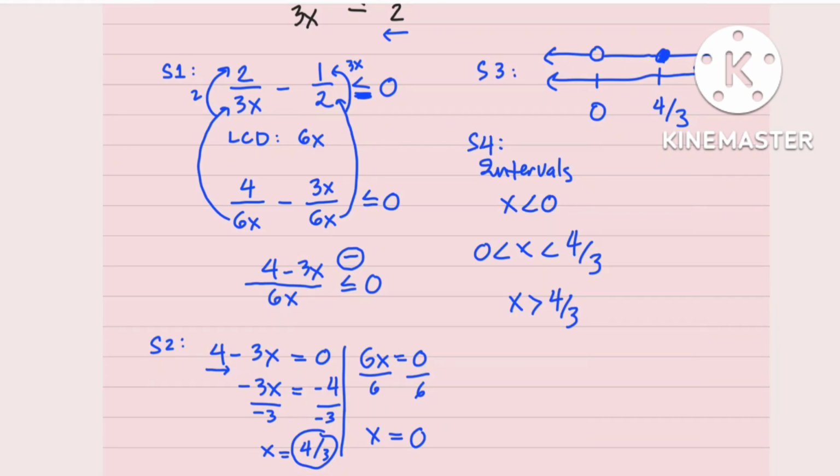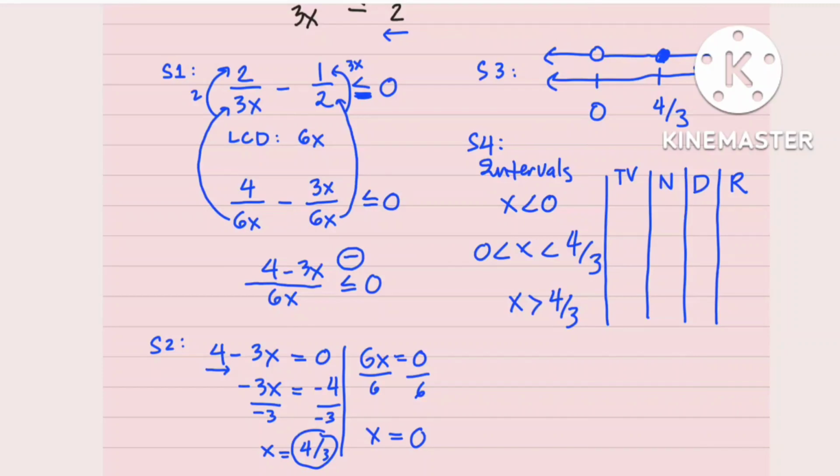And now we go to step 4. We are going to test each interval. So we will select test values. We test the sign of the numerator, sign of the denominator, and then sign of the ratio. The test value here is -1, but you may use -2, -3, or others. Here I will use 1. But on the third interval, I will use 2.